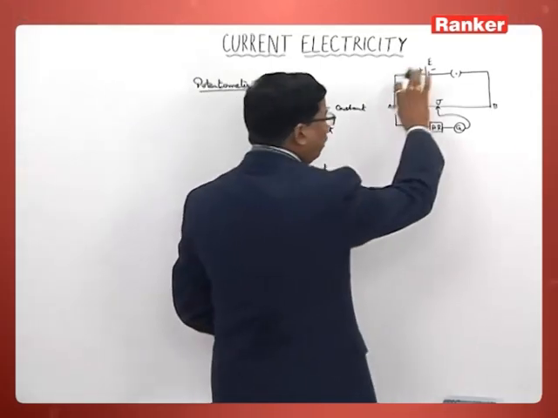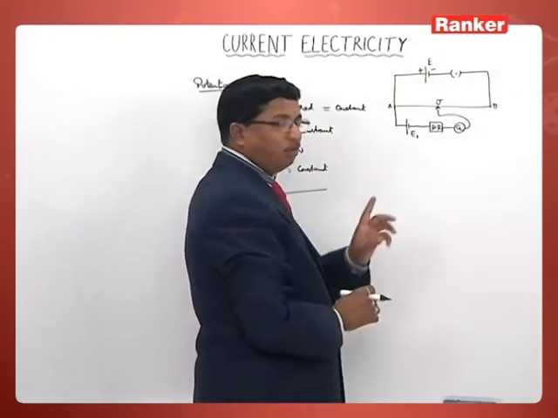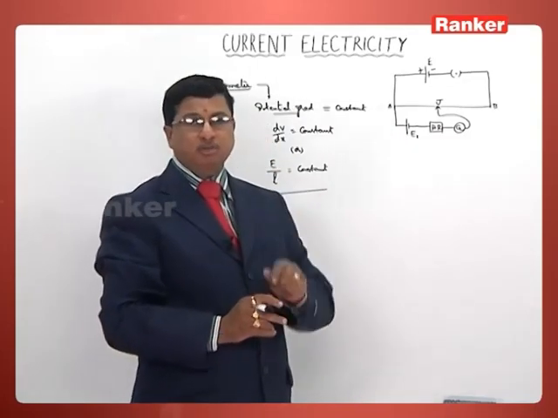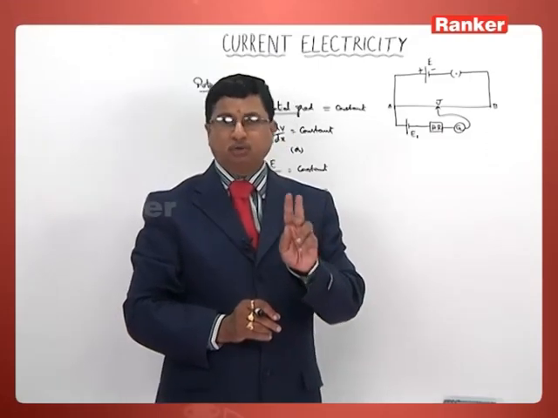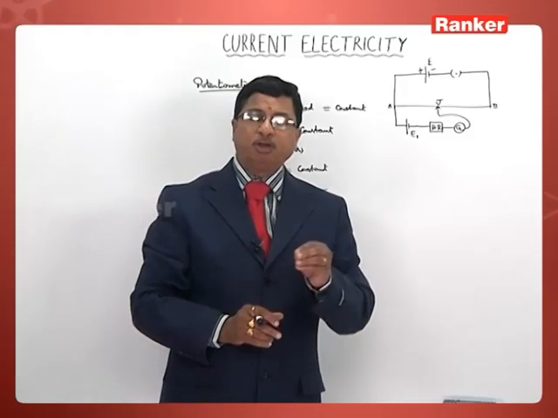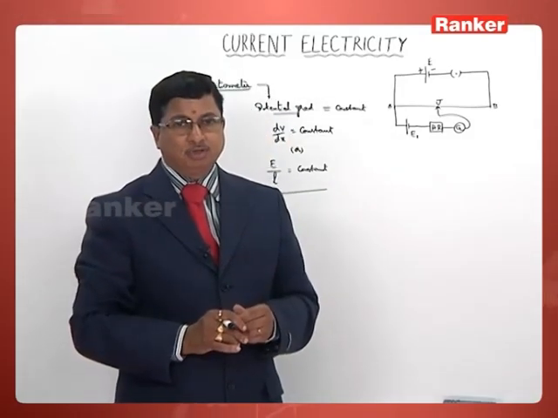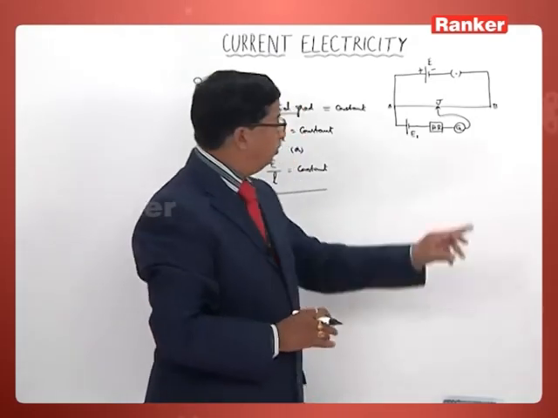Now, if you look at this, this is primary and this one is secondary. One point we should understand: voltmeter and potentiometer both are used to determine EMF only, but potentiometer is preferred more. What is the reason? For that, one theoretical aspect you have to remember.